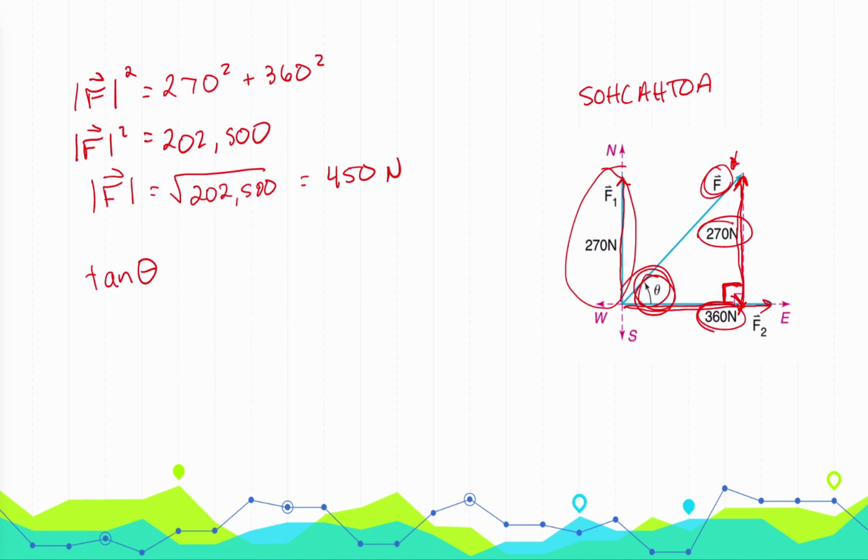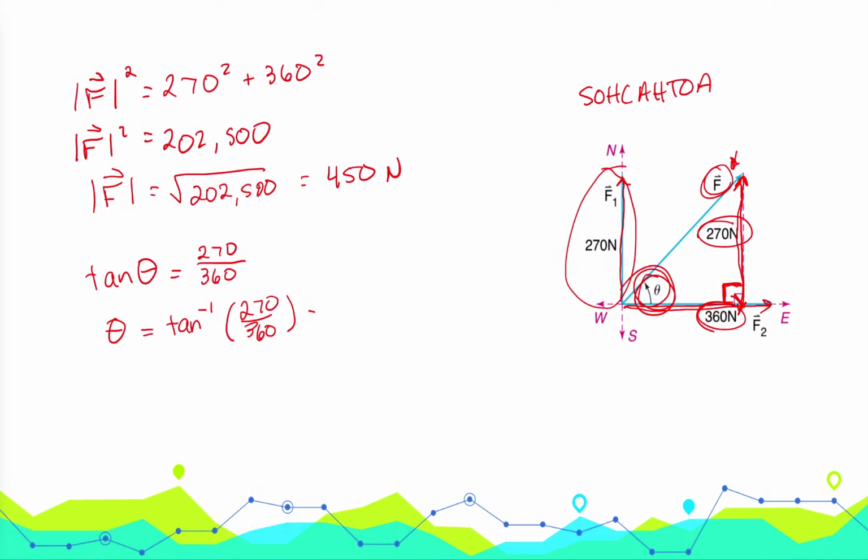So tangent theta is equal to the opposite side, 270, over the adjacent side, 360. So theta is the inverse tangent of 270 over 360. Plug that into your calculator.